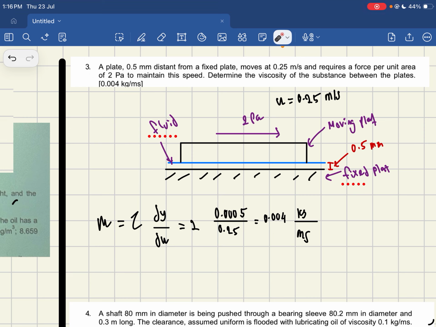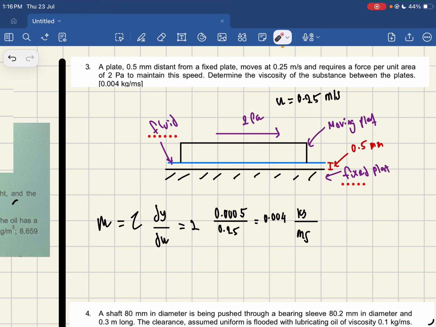and the distance y from the fixed plate will be 0.5 millimeter. We need to convert to SI. Make sure that your calculation is in the same unit, or to be safe, in SI unit.